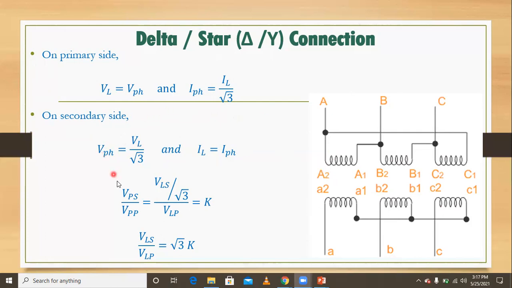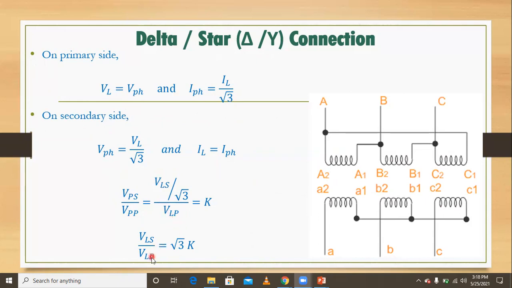Okay, so up to here you know well. Then the secondary phase voltage divided by the primary phase voltage: the secondary phase voltage is VLS by root 3, since the secondary side is star. The primary phase voltage is equal to the line voltage, that's why VLP.